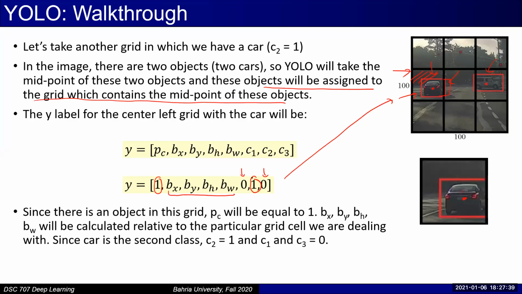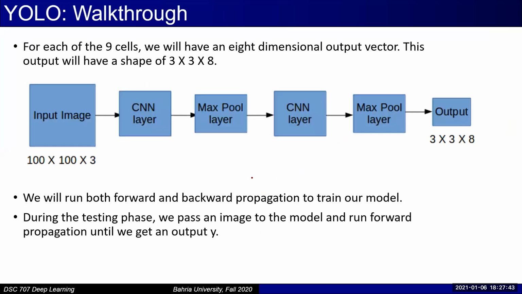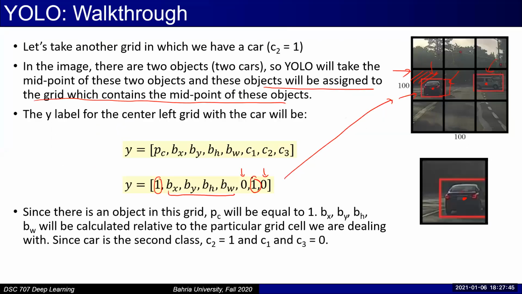This is how you will do it. So now you see, basically what we are trying to do is, for each of these 9 cells, we are predicting 8 values. Okay, so it means your final output is something like 3 cross 3 cross 8, right? That you have 8 values for this, 8 for this, 8 for this, and so on.